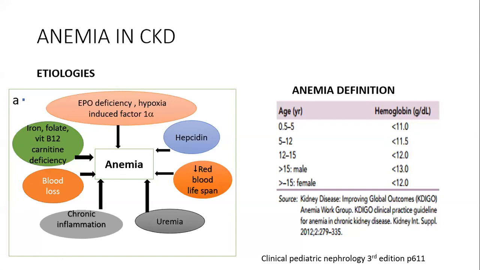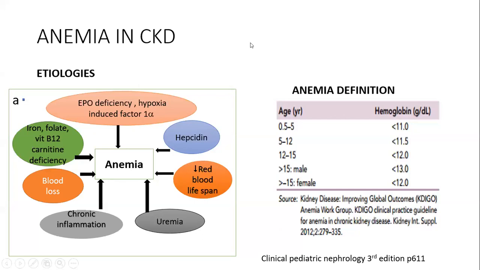So you have those complications. Also, uremia can suppress the bone marrow, can cause thrombocytopenia, and also reduces the red blood cell lifespan. Once you have uremia with bone marrow suppression, you are no longer producing red blood cells.